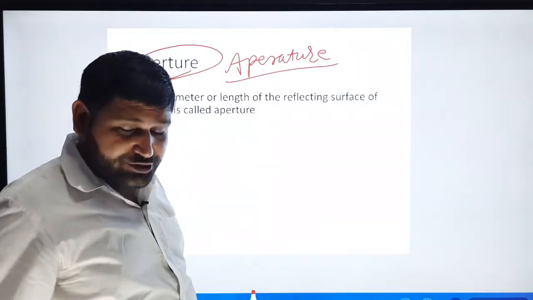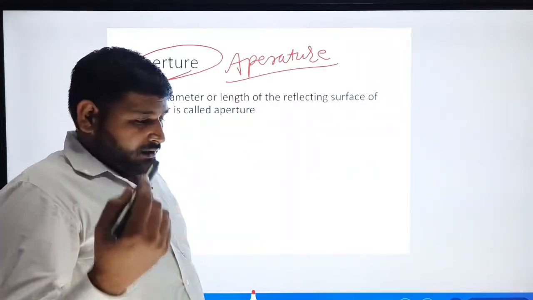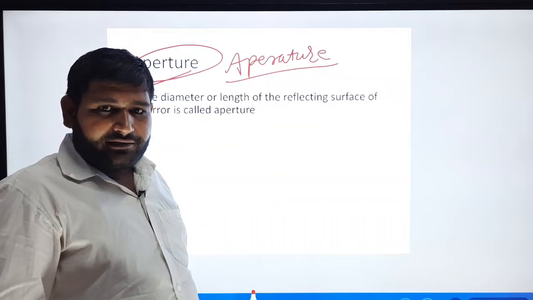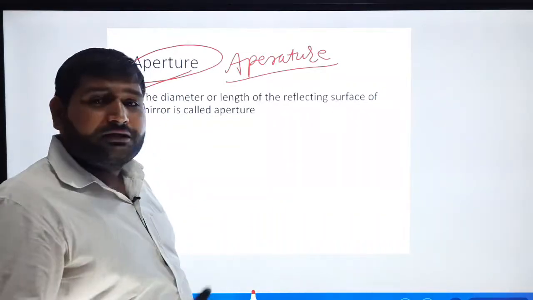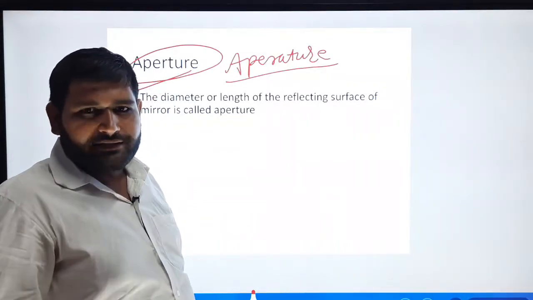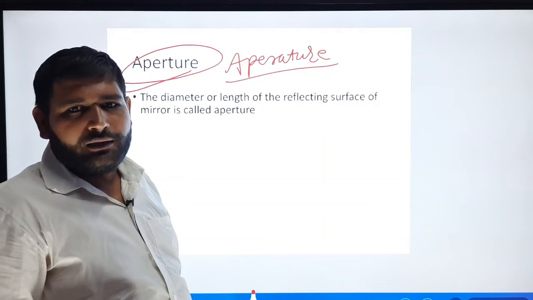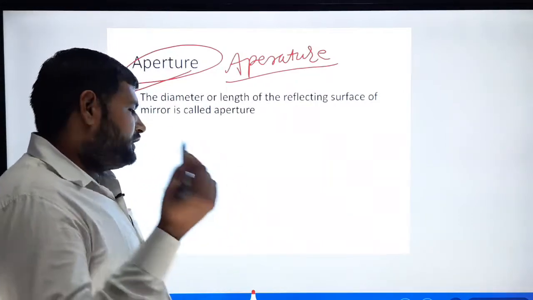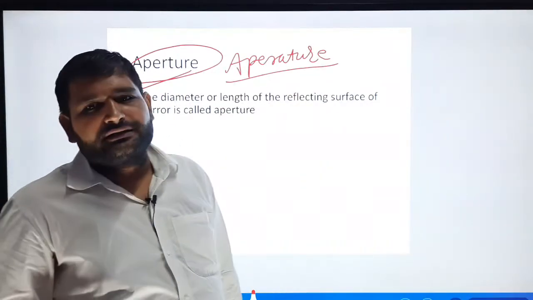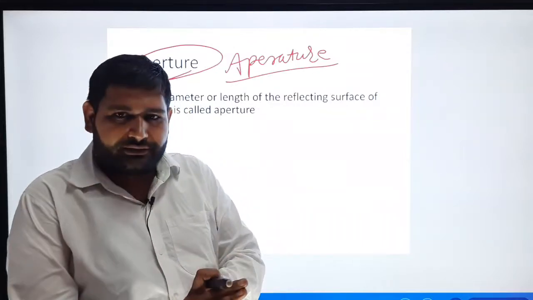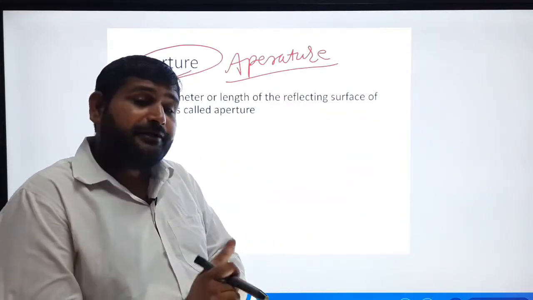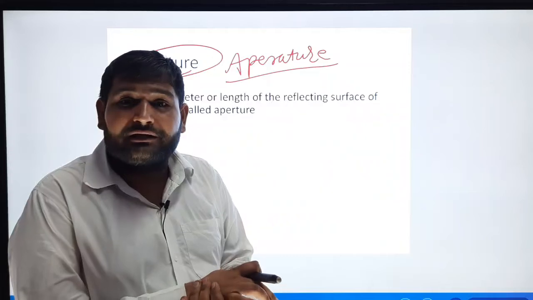This is the last definition related to spherical mirrors. So these were all the parameters related to spherical mirrors, from the pole, which is the center of the reflecting surface of the mirror.